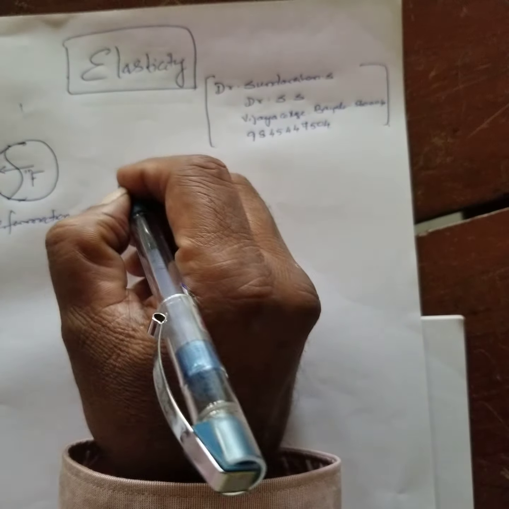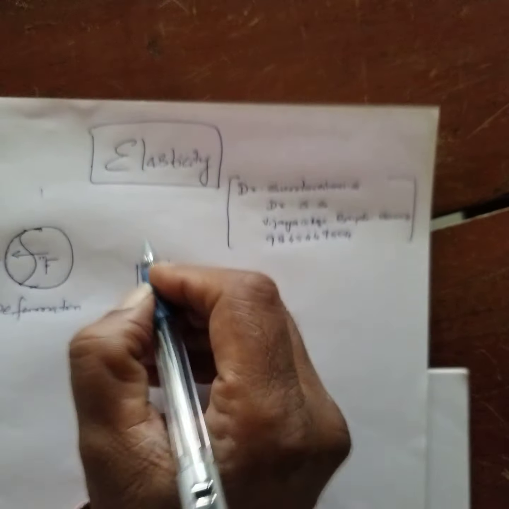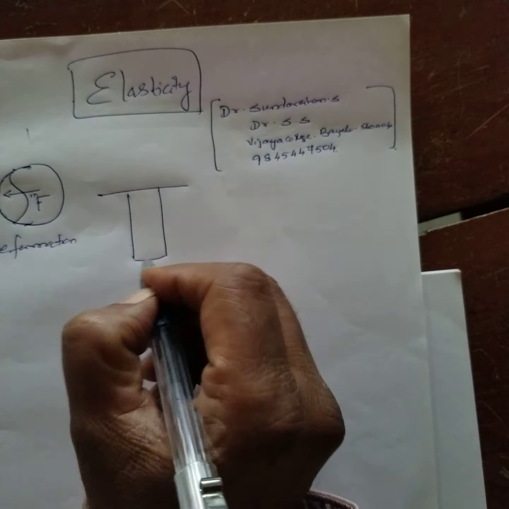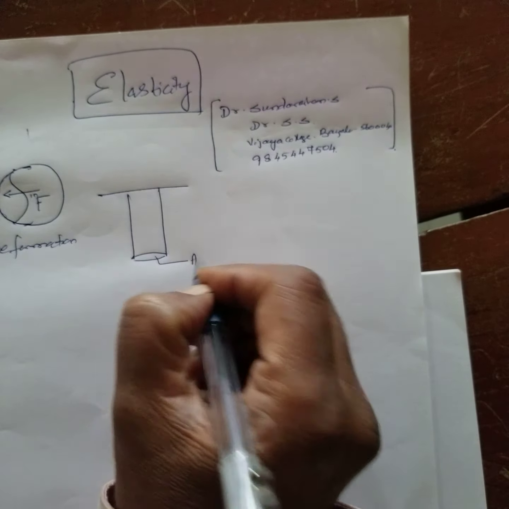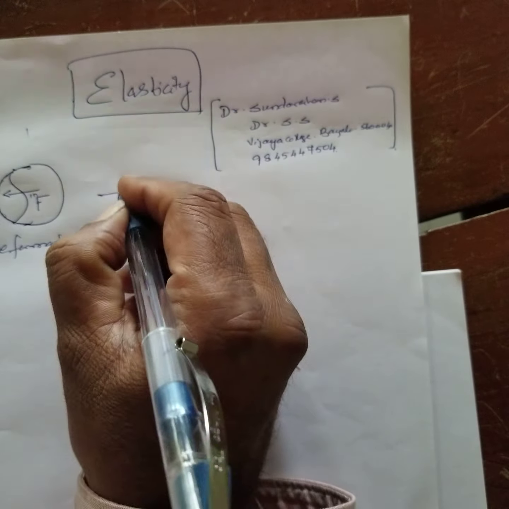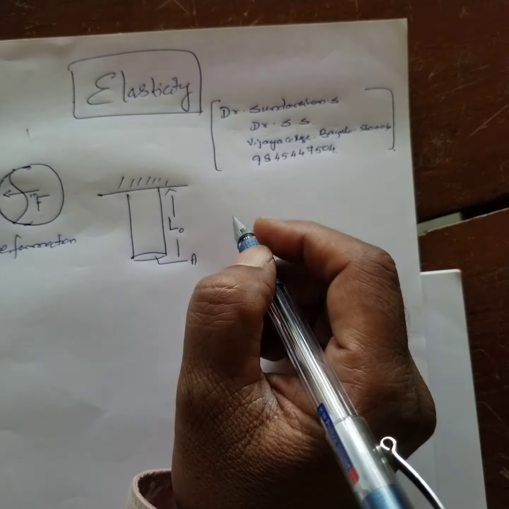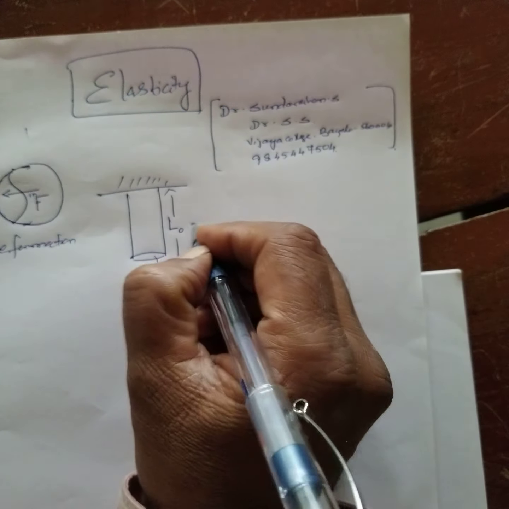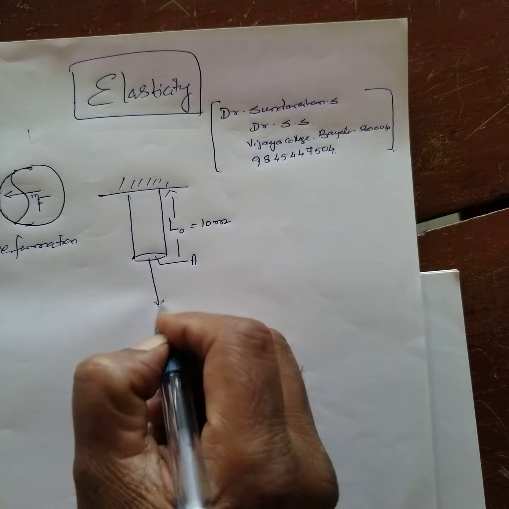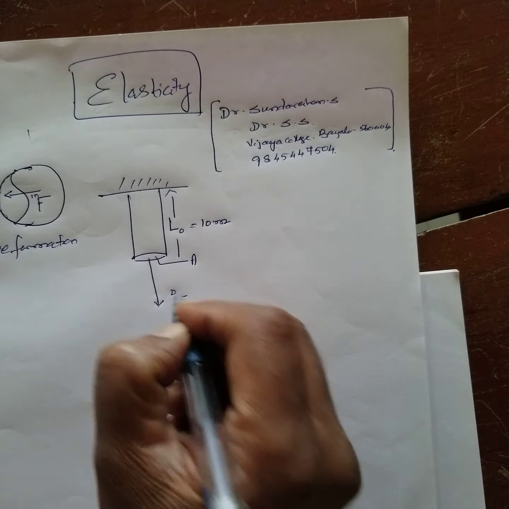Say, for example, it is a rubber cord or a wire having an area A, the area of cross section. It is having a length L0. It is fixed at a rigid support. The length L0 is equal to 10 meter. Now I apply a force. This is called deforming force.